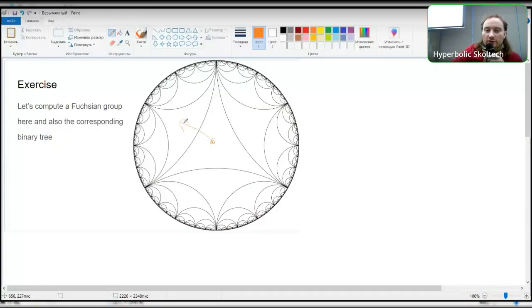It is reflected into neighboring triangles, then mirrored into this triangle, this triangle, and this triangle. So you are forming a binary tree here. This is the meaning of this exercise.